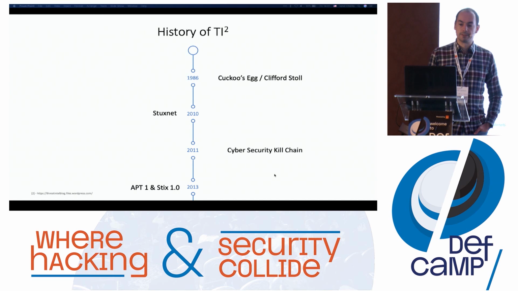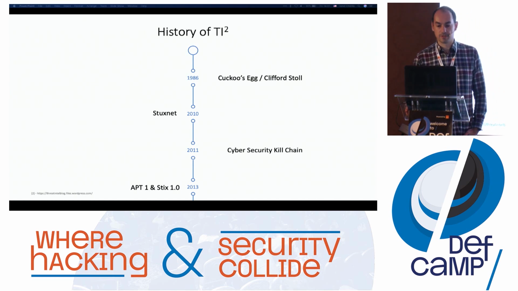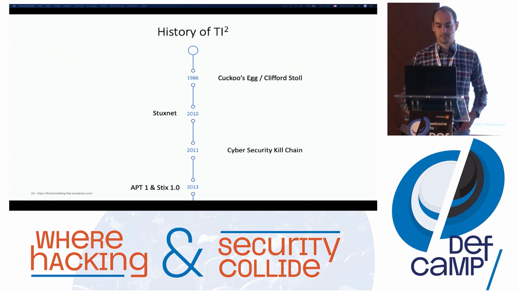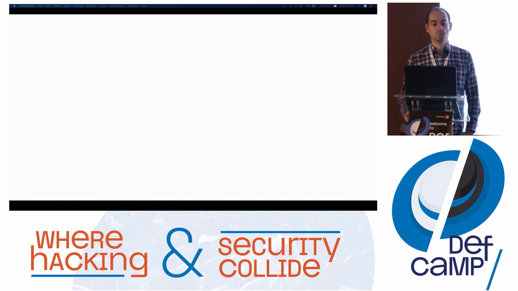In 2011, the Cyber Security Kill Chain was published by Lockheed Martin. The first written report of APT1 by Mandiant, and the STIX1 framework was released in 2013. Moving next.